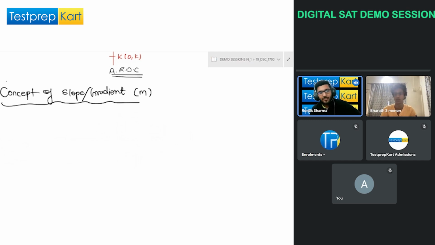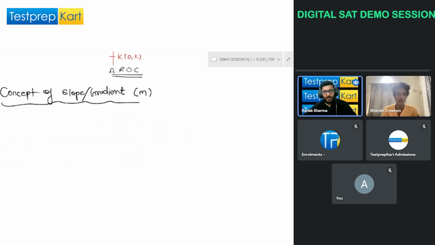It is very simple. I have two quantities, one dependent and one independent. If there is one unit of change in the independent quantity, how much change can we see in the dependent quantity? That is what average rate of change talks about.